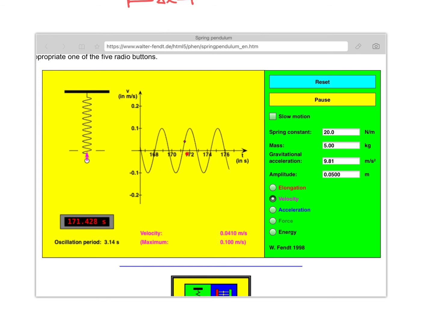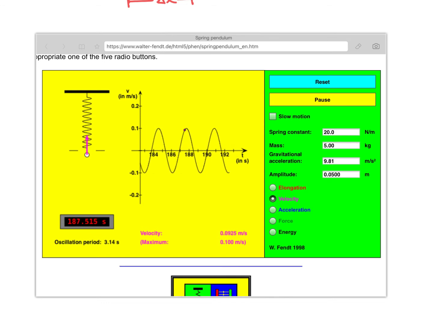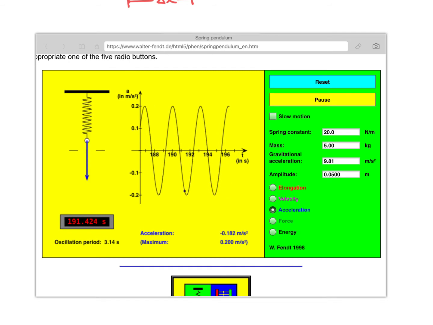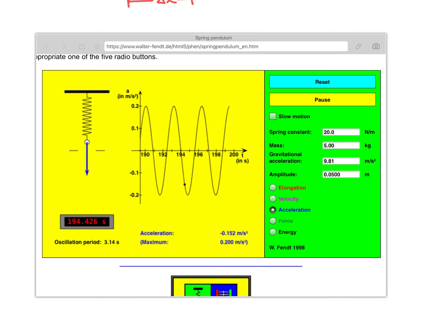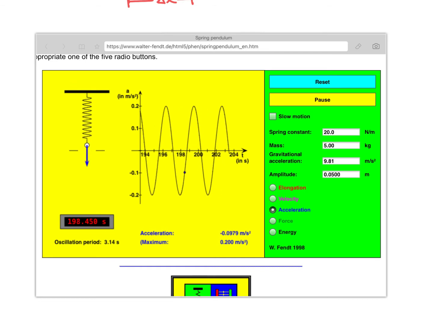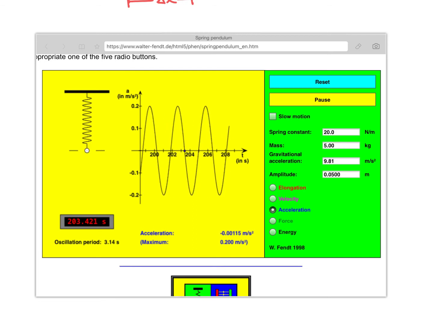And this is our velocity curve here that shows me the greatest speed, and it oscillates between those. And we can also look at acceleration. So let's do that. And notice that our acceleration is the greatest when we're at the maximum position. So in general, the behavior of the mass on a spring is very similar to the pendulum.